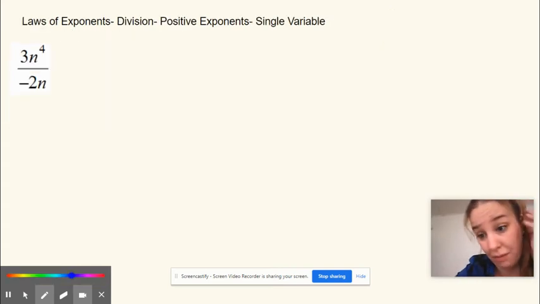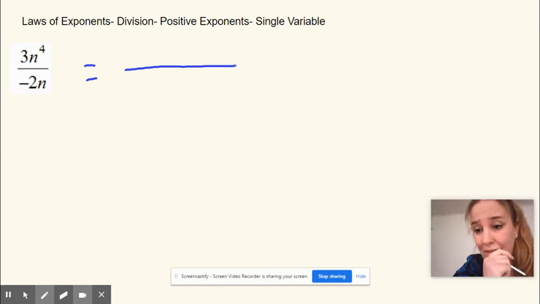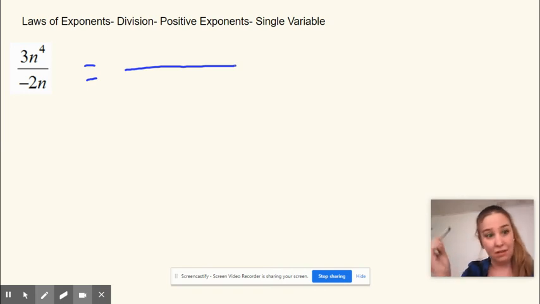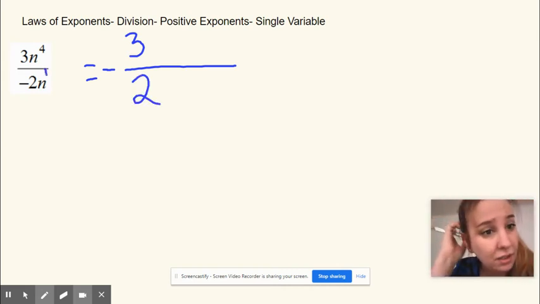All right, so here we're going to just jump right in. 3 over negative 2, we can't really simplify that, but it makes the entire fraction negative, because a positive divided by a negative creates a negative result. So you put your little negative out front. The 3 and the 2, nothing we can really work with. This n technically has a 1 on it.